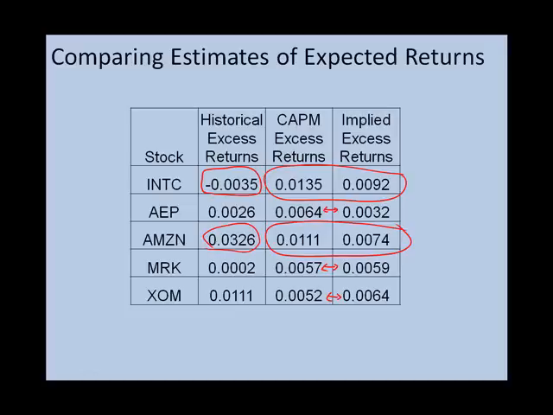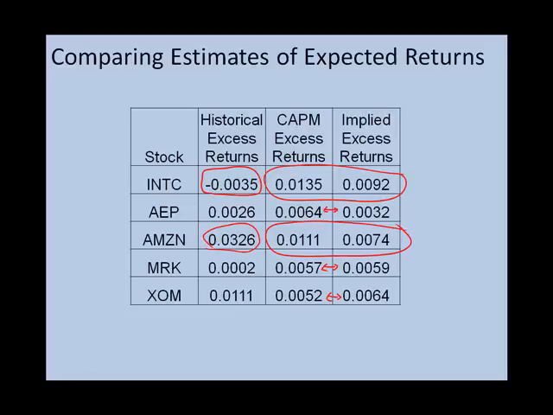Amazon is a large company. Is it really likely they're going to earn expected returns going forwards of over 36% per year? It doesn't seem reasonable. And it's very different from the estimates based on either the CAPM or the equilibrium approach. There are also pronounced differences for Merck and ExxonMobil when we use the historical excess returns.